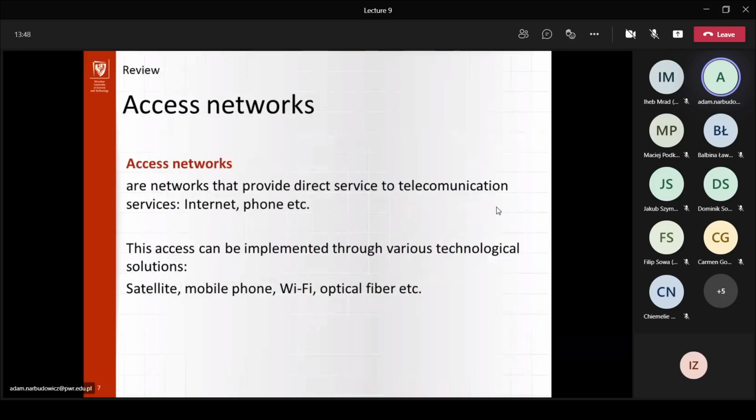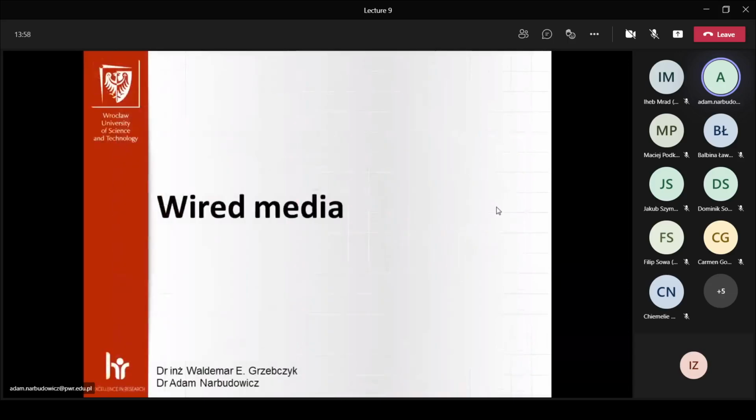So basically the idea is more about branching and reaching out to all the users or all the devices that you want to connect to your network. Okay, so far so good. So do you have any questions about the optical fibers or the core or access networks that we discussed?